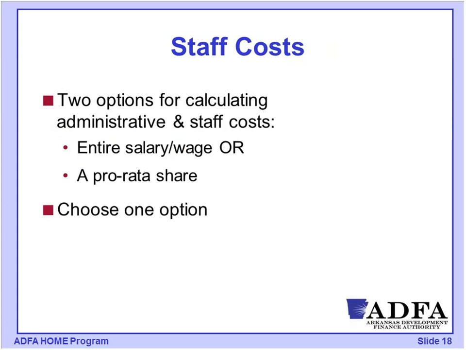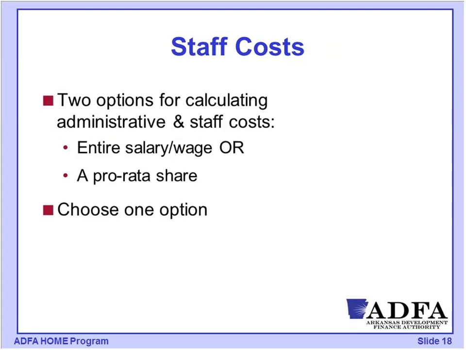Now, related to that is how we reflect some of those costs. Staff costs are one of the larger administrative costs for the HOME program. We have a couple of options on how those could be reflected.